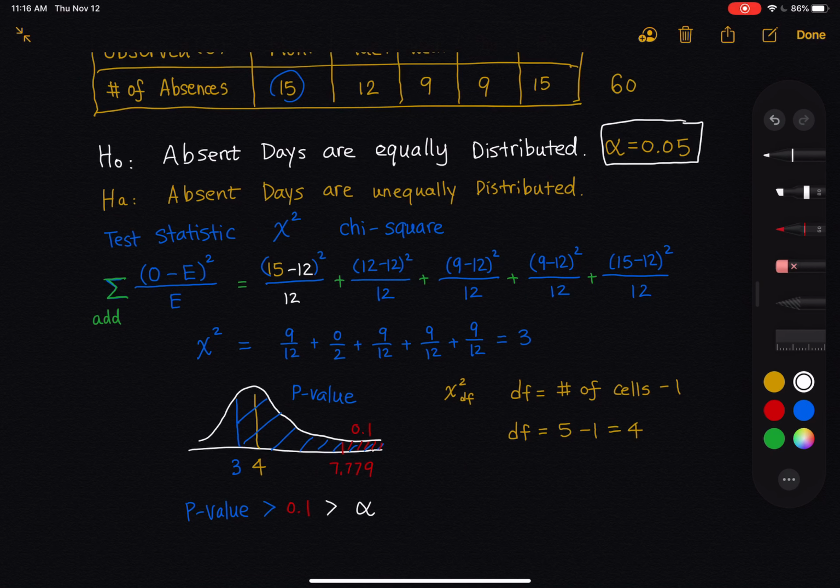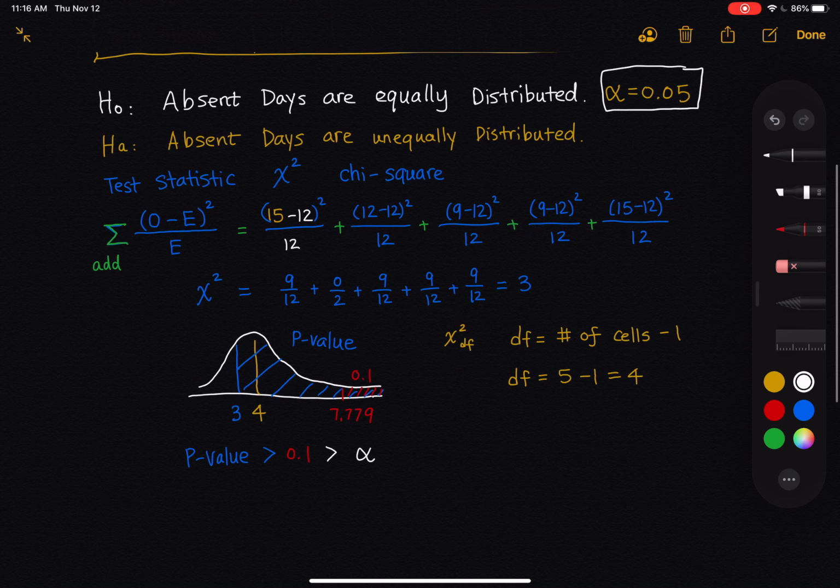So because the p-value is greater than alpha, our conclusion is that we fail to reject the null hypothesis. You have to refer to the handout. We fail to reject the null hypothesis.